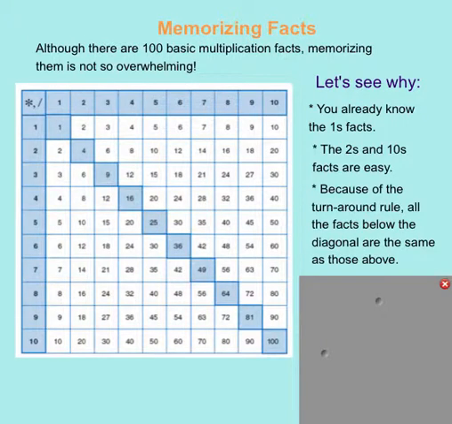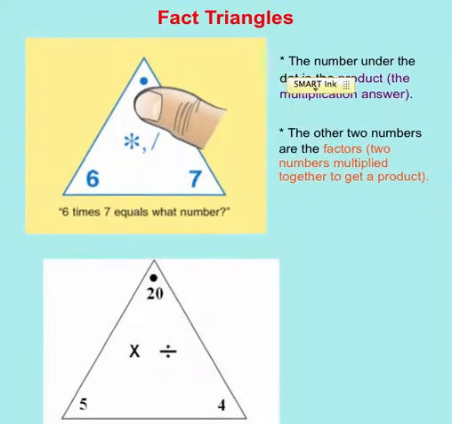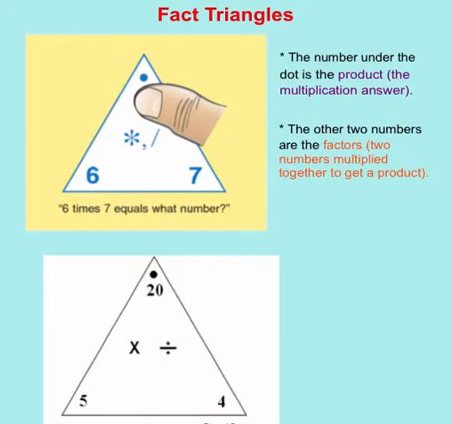But practice, practice, practice. One way you can practice, if you don't have a multiplication table, is to use fact triangles. Here are some fact families. A fact triangle looks just like a triangle. We have a factor in the lower left and lower right. Here are our multiplication and division symbols again. And at the top where the little dot is, that's where we put our product.